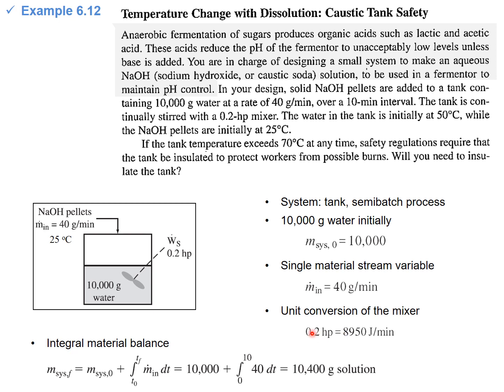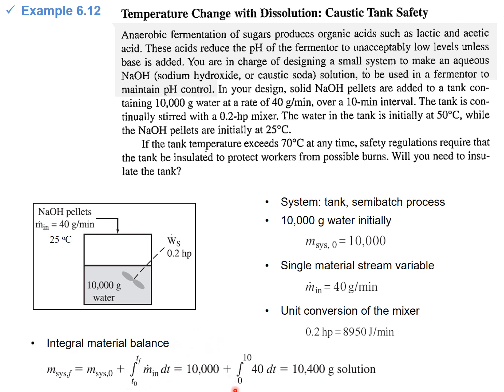Then let's start with the material balance equation before going to the energy balance equations. This is the integral form of the mass balance equation. Final minus initial is equal to the input minus no output. So this is the input.